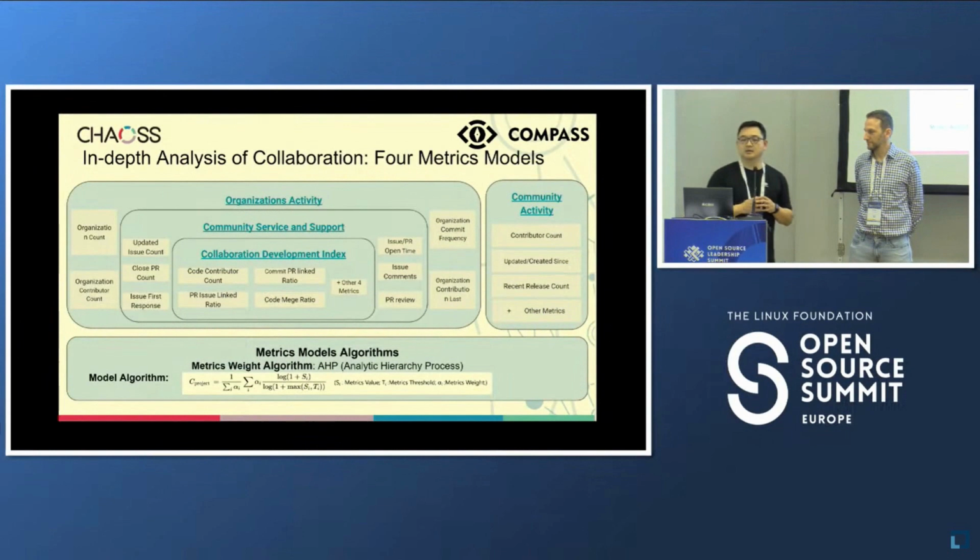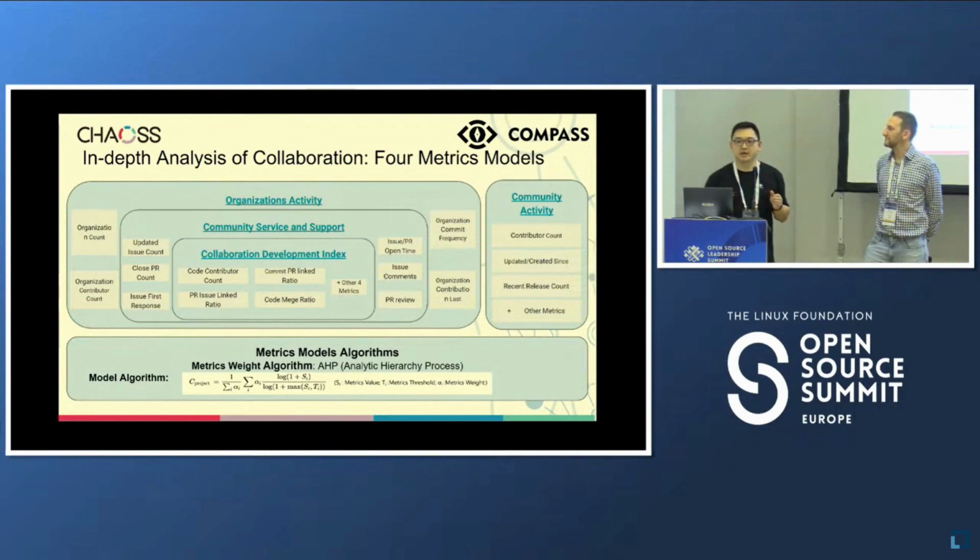Currently in our ecosystem evaluation system, we have a total of four metrics models. Not all so far, but we will continue to produce more metrics models. What we should focus on right now, as a first priority, I think should be collaboration, because we believe collaboration is the key part of open source.